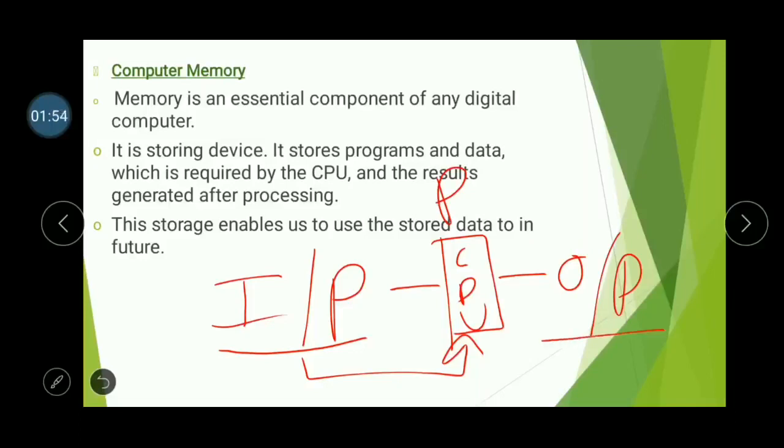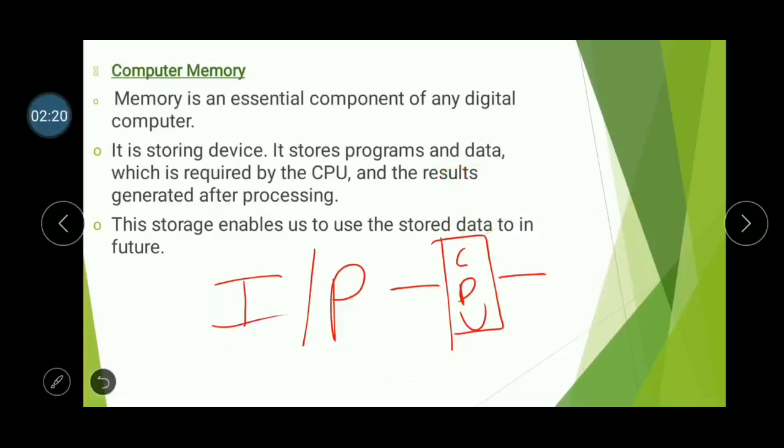So the storing device stores the programs and data which are required by the CPU and the results generated after processing, that is output. All the data and information before the process and after the process is stored in the storing devices.